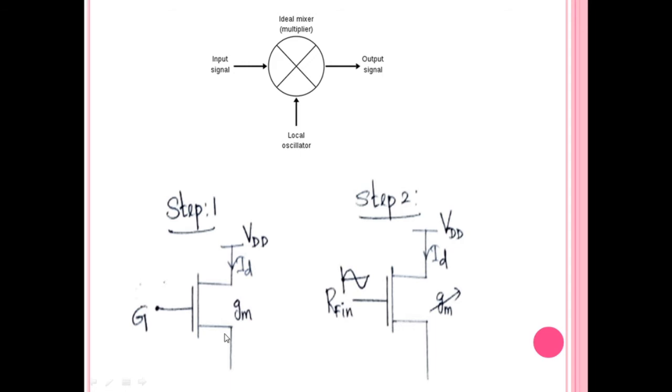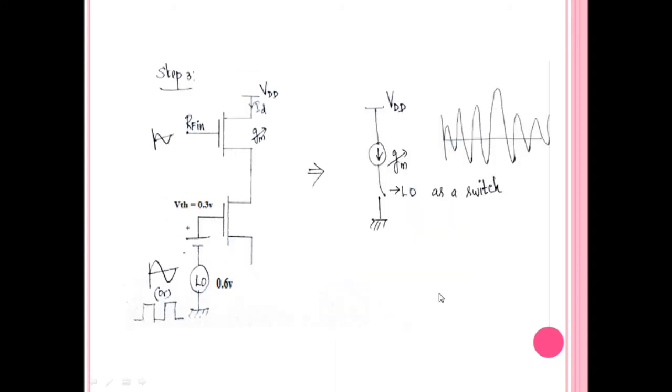Now at this time, you are introducing an RF signal as an input at the gate terminal of this MOS device. What will happen? According to the magnitude of this RF value, it is going to vary the transconductance value, or it is going to modulate the transconductance value. Okay, so next, how we can multiply with the other signal, I will tell you.